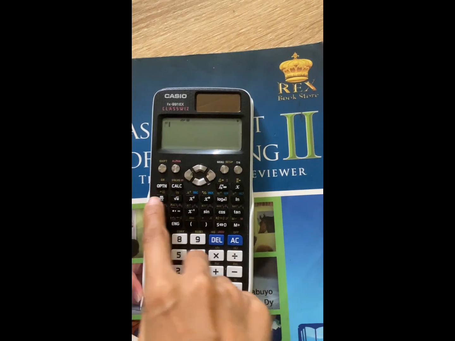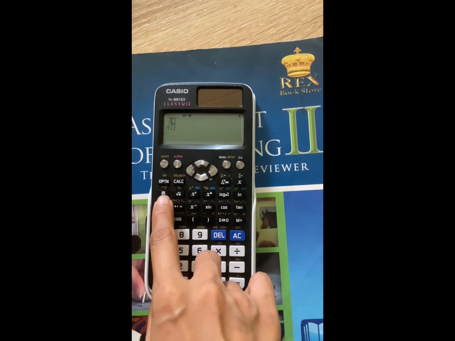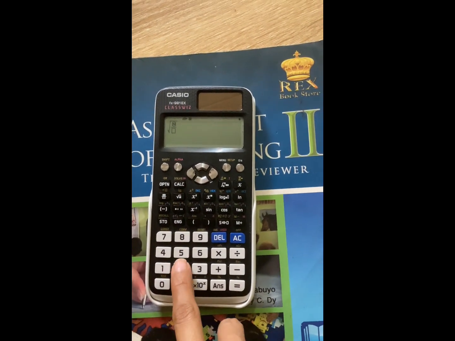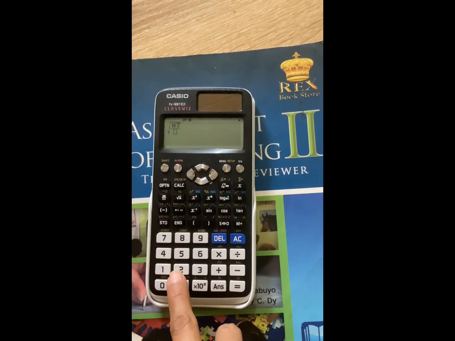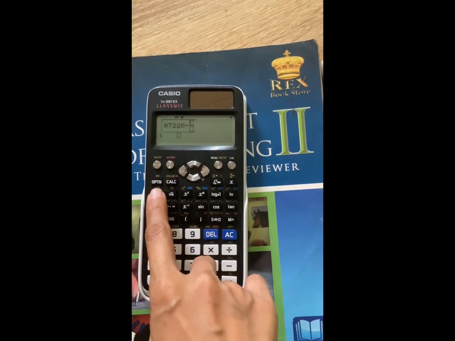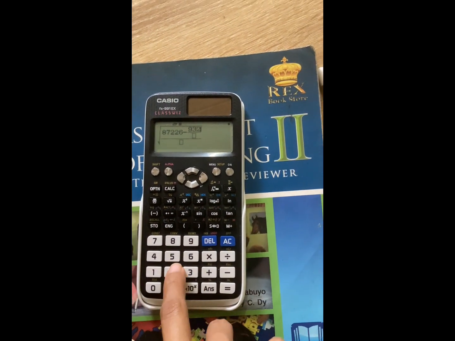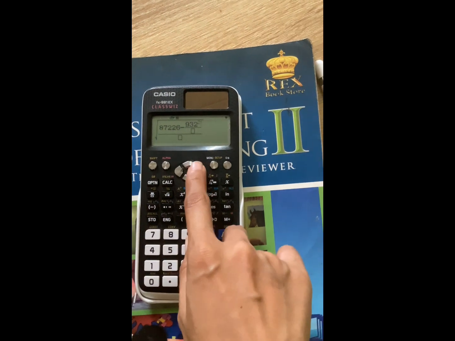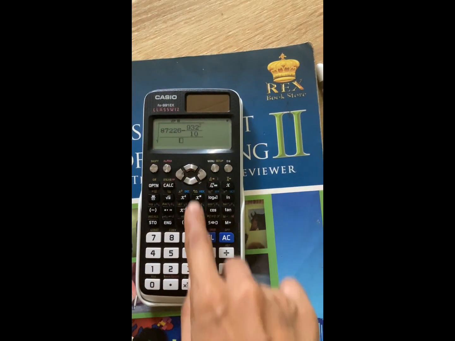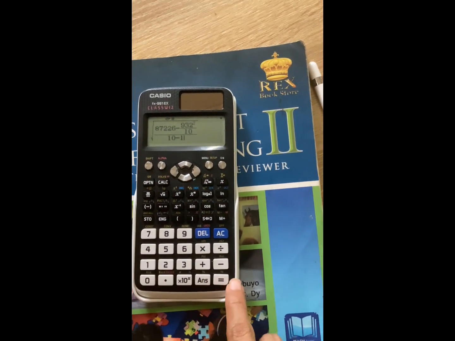You click the square root fraction and then you encode 87226 minus fraction, that is 932 squared down 10, and then you have 10 minus 1, equals.